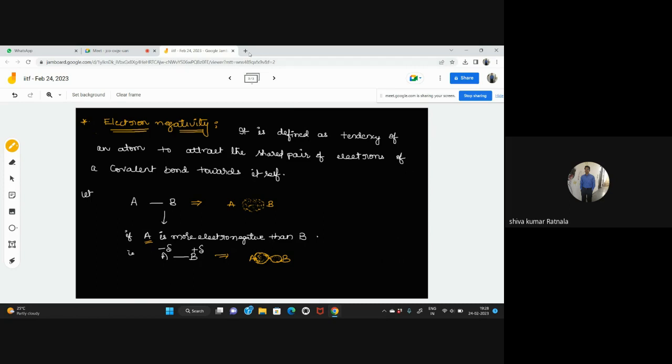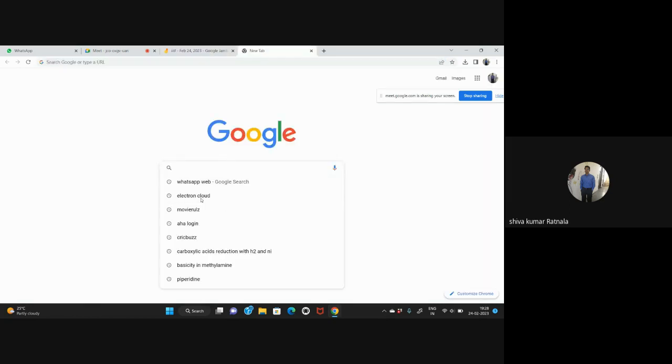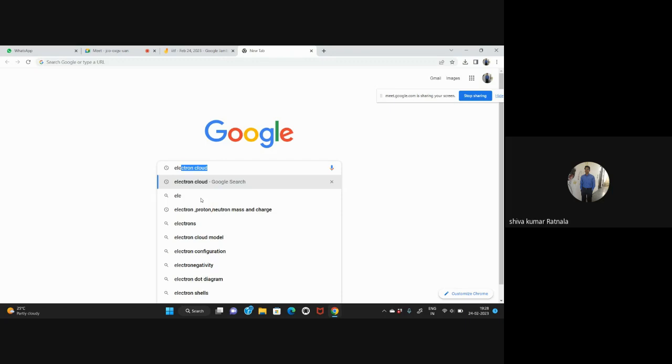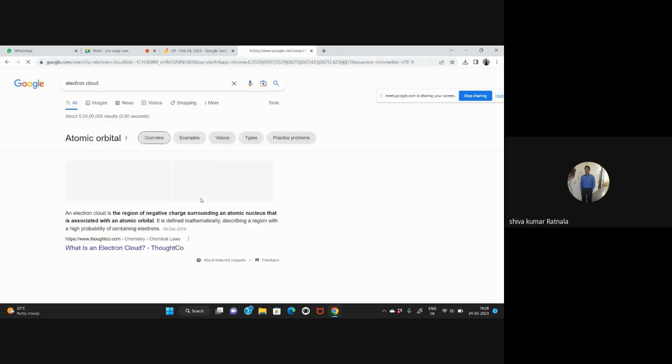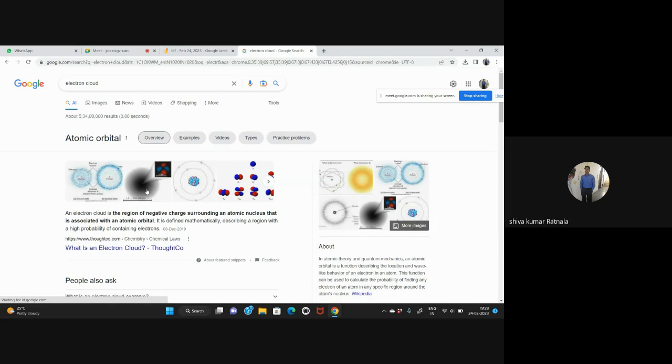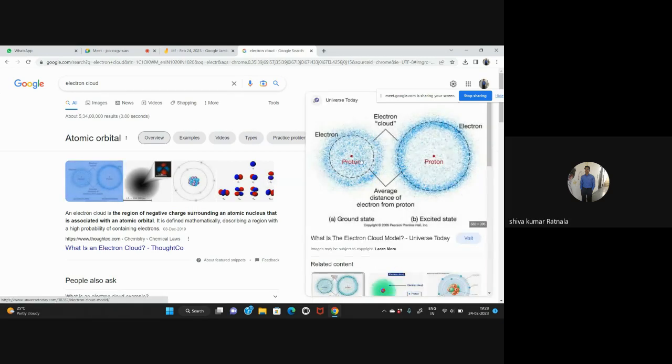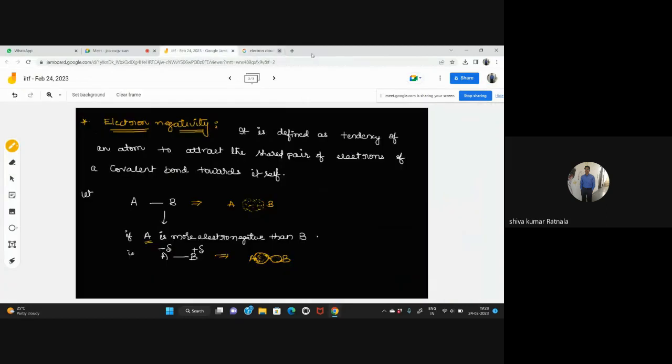See this. Can you see the blue dotted lines? This is nothing but the electron cloud. If the atom has more electronegativity, the electron cloud will slightly move towards itself.